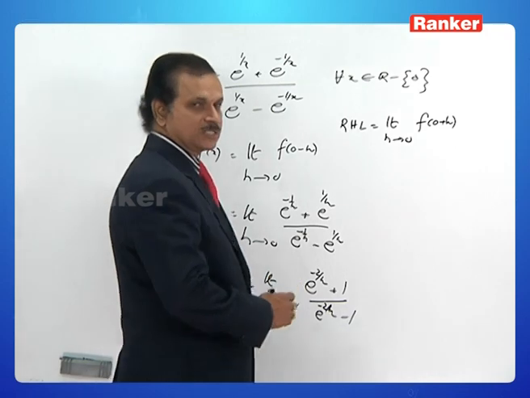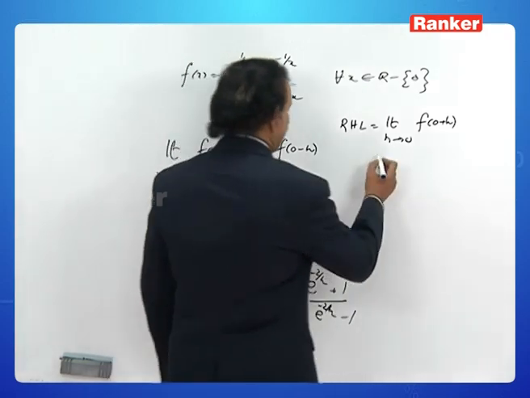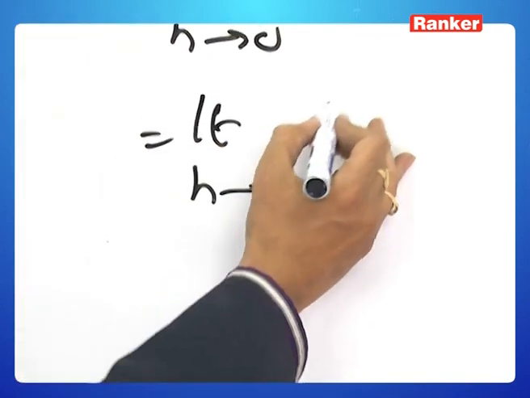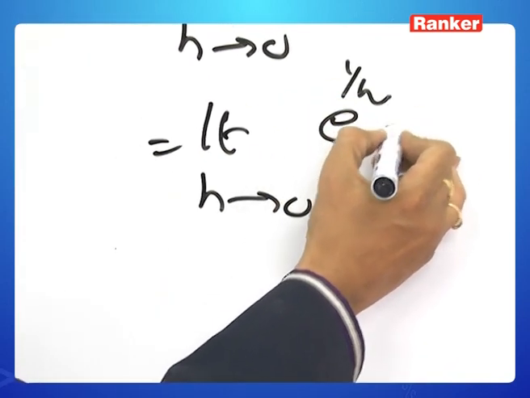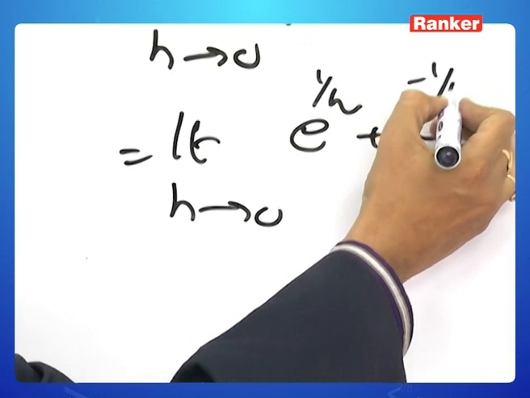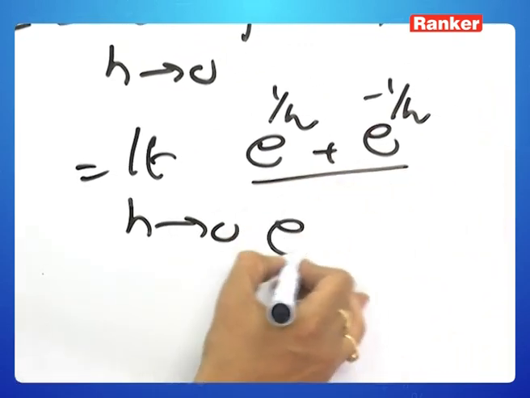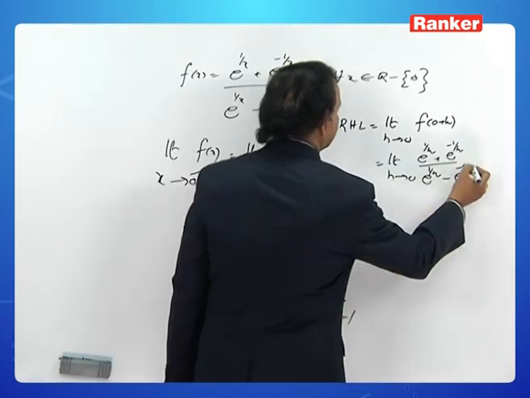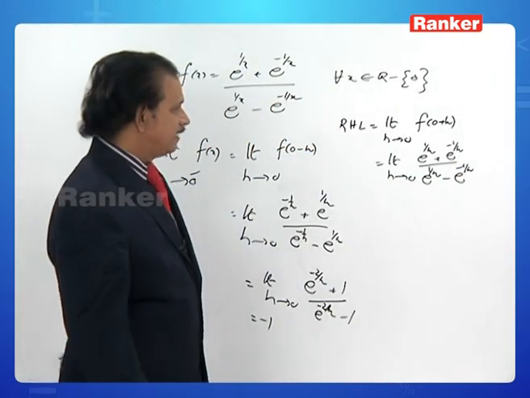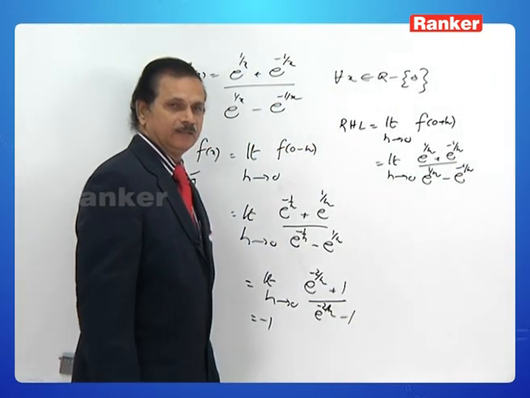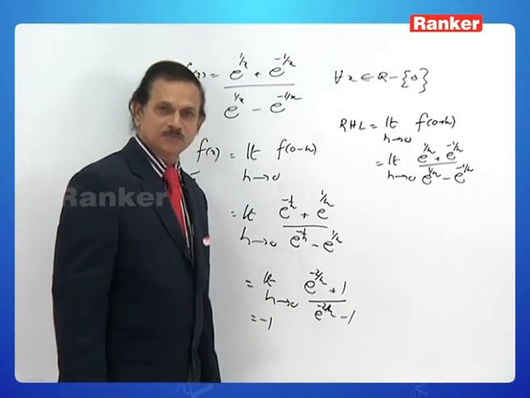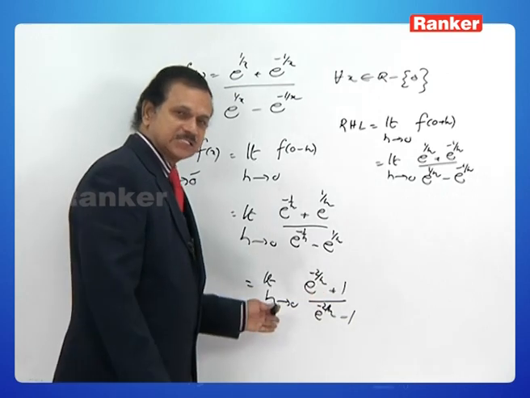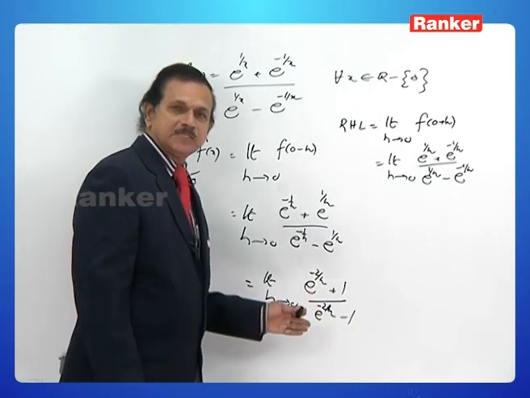So you just replace x by h. What is going to happen? This is nothing but limit as h tends to 0 of e power 1 by h plus e power -1 by h by e power 1 by h minus e power -1 by h.